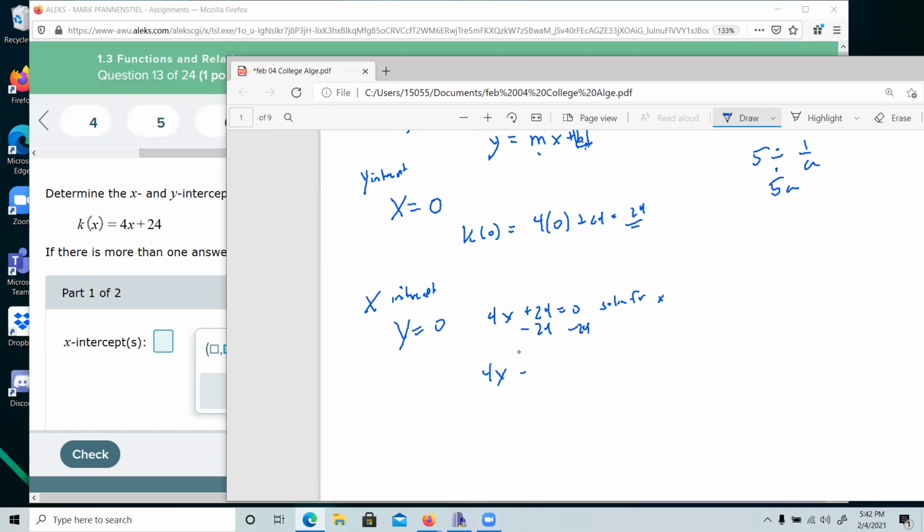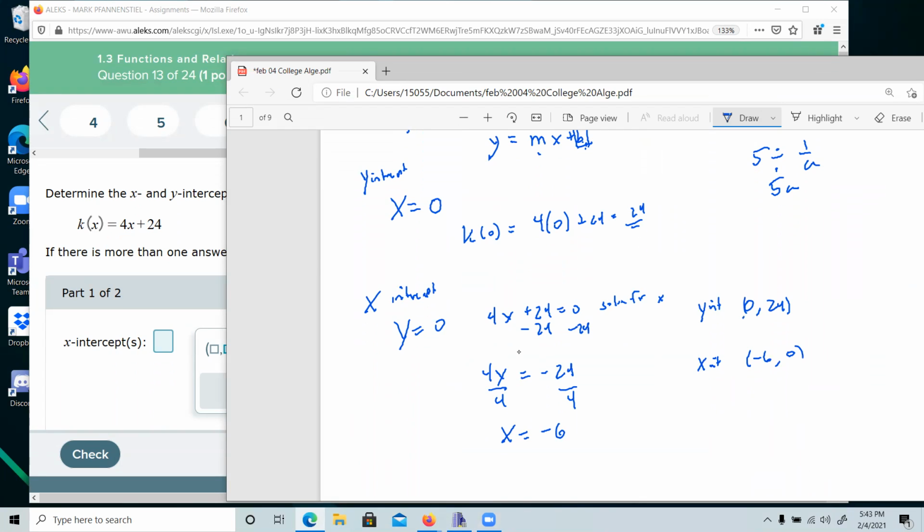We have 4x is equal to negative 24. Divide both sides by 4, and we get x is equal to negative 6. So my 2 points here: my y-intercept is 0, 24. My x-intercept is going to be negative 6, 0.